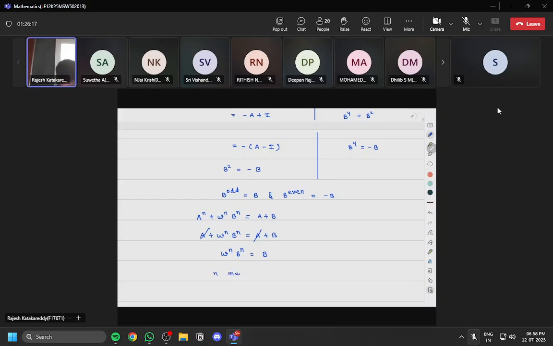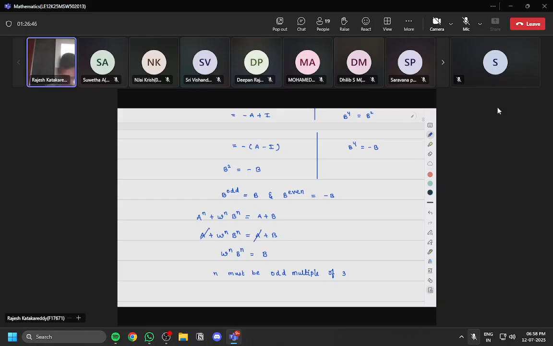So to get omega power n into B power n equal to B, I can say here n must be an odd multiple of 3. Now your doubts. If an even multiple of 3 is there, you will get minus B, and minus B is not equal to B. Clear?